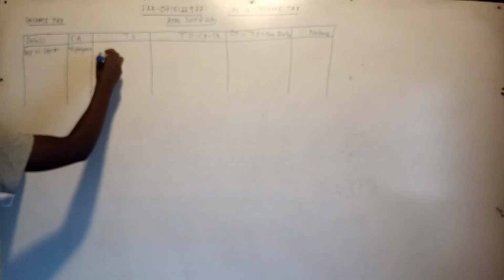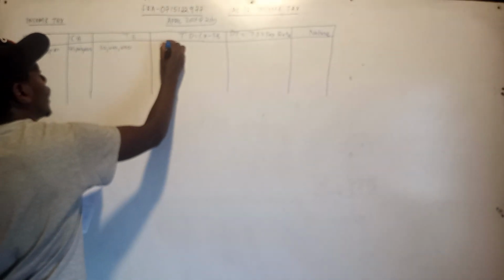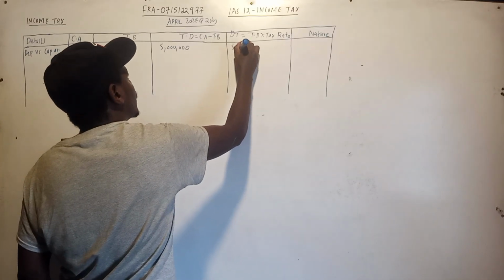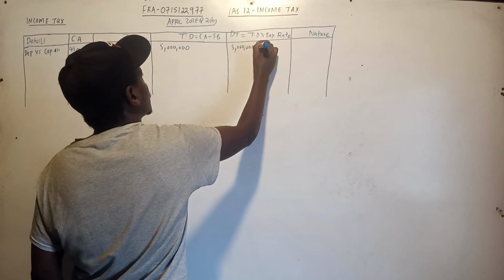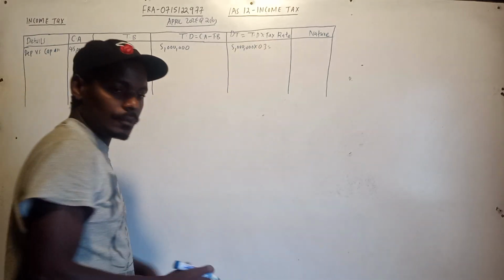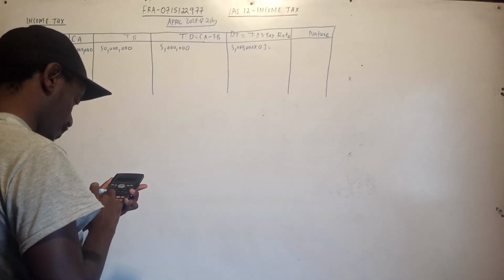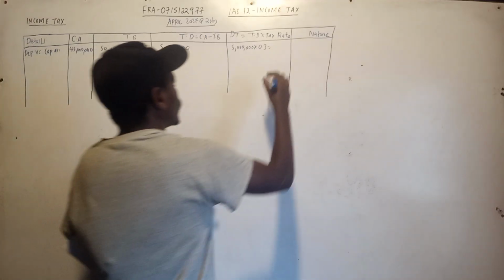Then the capital allowance is 50 million. The difference is 5 million, temporary difference. Then deferred tax times 0.3. So 5 million times 0.3 to be 1.5.